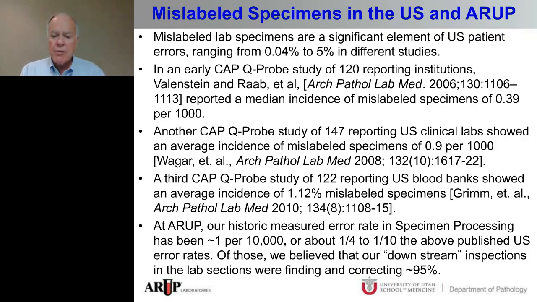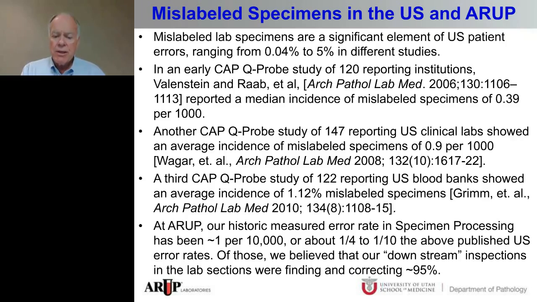But this gives you an idea of how significant the mislabeled specimen issue is in the United States. In our laboratory, our historic measured error rate in specimen processing was about 1 per 10,000. So perhaps 1/4 to 1/10 of those published levels above.